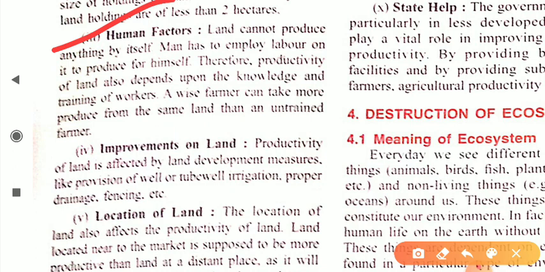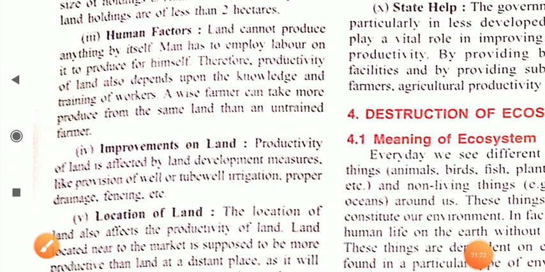So if we have a good human factor, it simply represents our production may be good. We can fully utilize our resources, and our productive activity is done in an effective manner. And if the human factor is less, then the productivity is not that much.